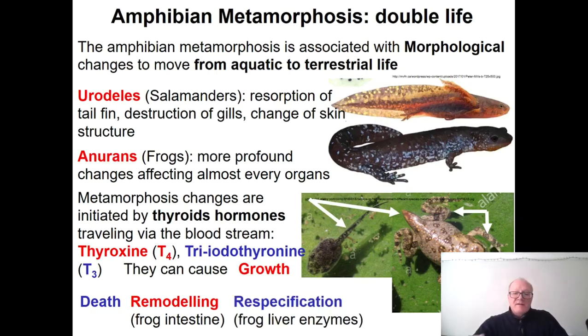We also have respecification, and this happens, for example, in the liver, because now with a new behavior, moving on land, we need different enzymes to work in the liver for digestion of different food, but also because of production of different waste material.